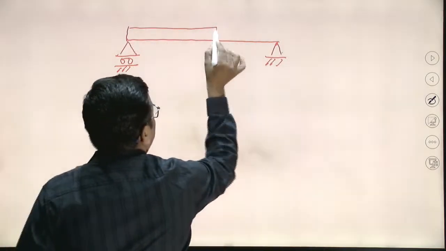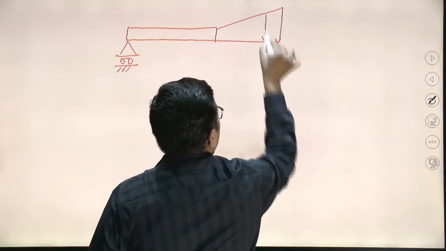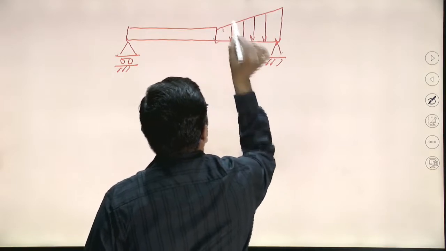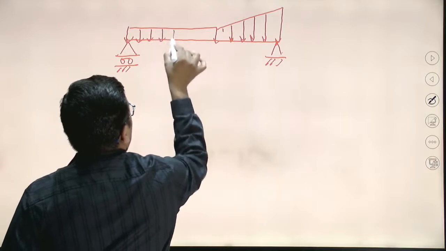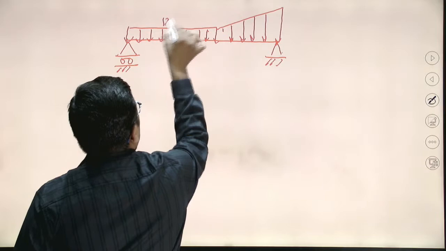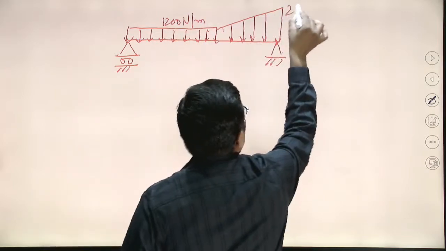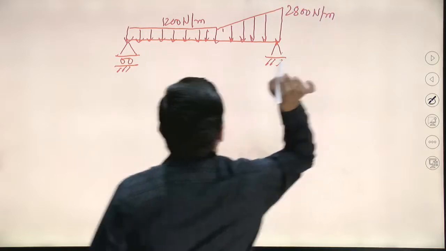This is my UDL, and this is the UVL. Okay, now I hope it is quite visible. This is the UDL, and the intensity is 1200 Newton per meter, and it reaches up to 2800 Newton per meter.